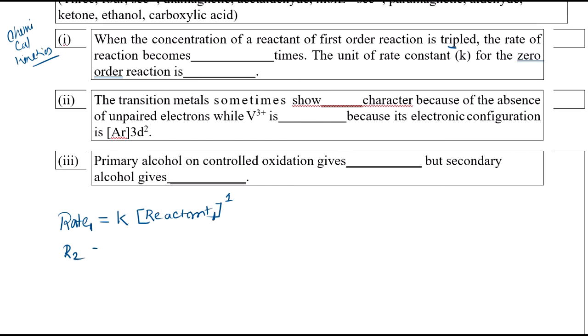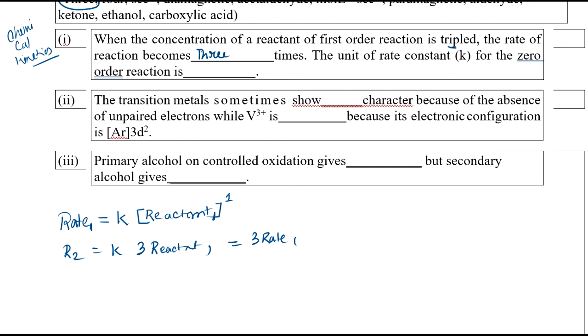Now rate 2 equals K times 3 times reactant 1. That means the rate will also become 3 times. So the first blank will be filled by 3.